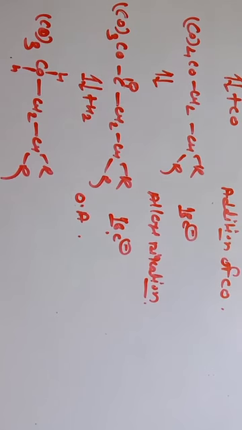We are very much familiar with this oxidative addition reaction. This H2 is a non-polar species, so it undergoes cis addition. In this lecture we are not very much interested in the stereochemistry, so it just undergoes oxidative addition and converts into an 18 electron species.